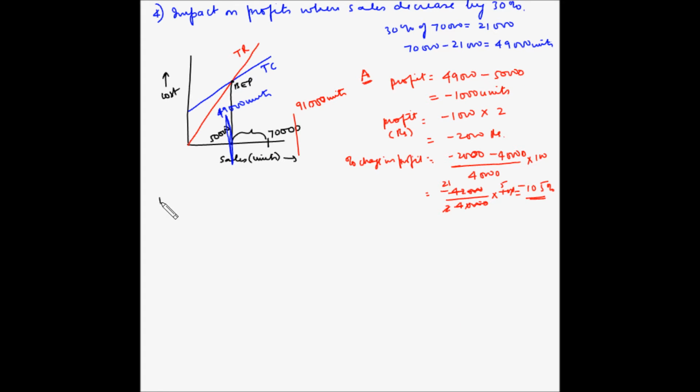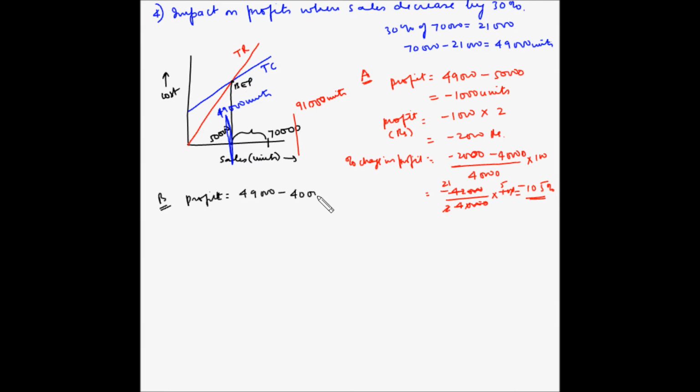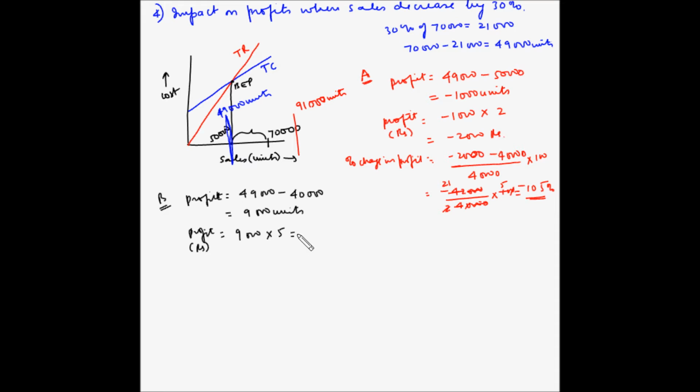Similarly for B, profit is equal to 49,000 minus 40,000, which is equal to 9,000 units. So profit in terms of rupees is equal to 9,000 multiplied by the difference between the selling price and the cost price, which is 5, which is 9 5s are 45,000 rupees.